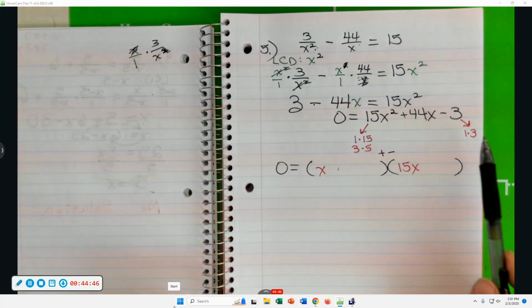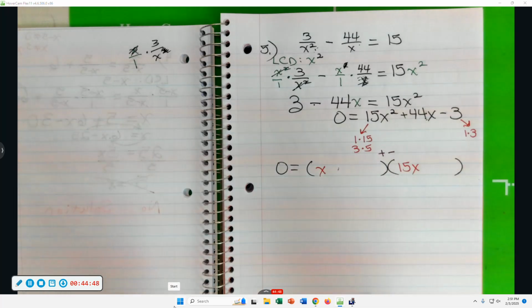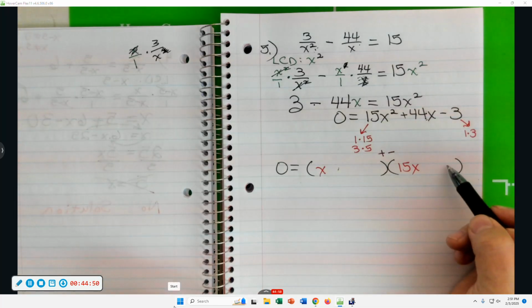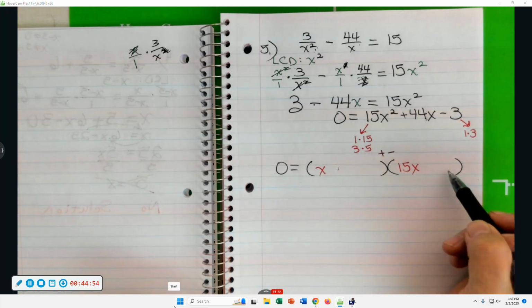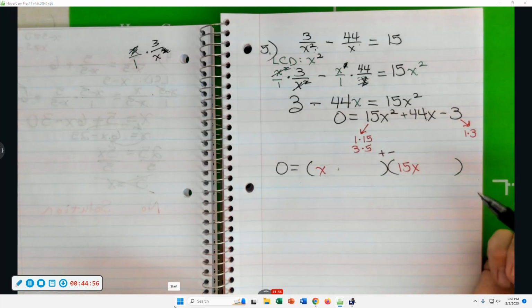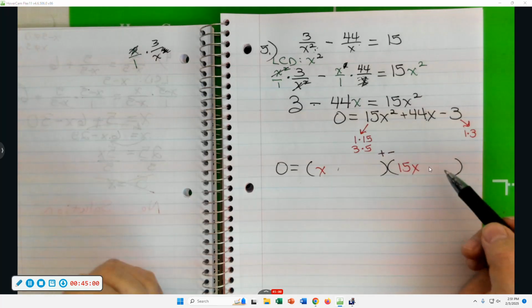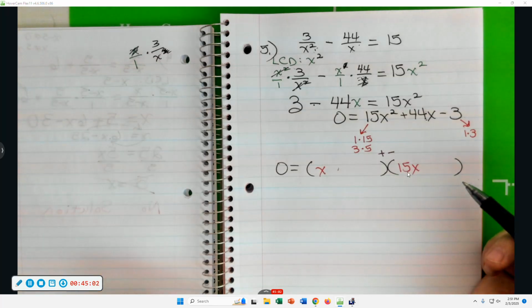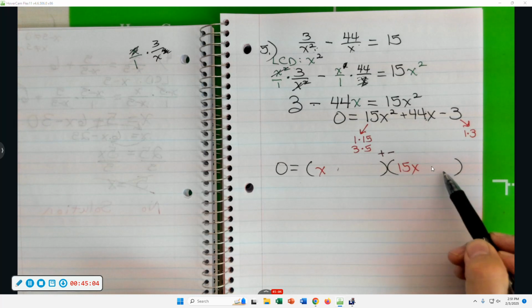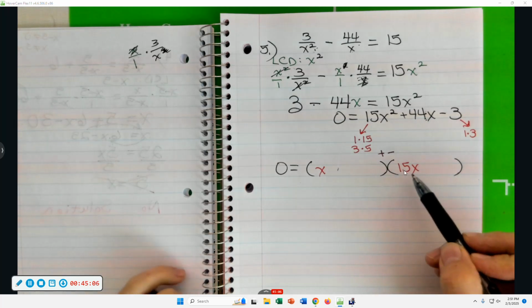Now, we're using 1 and 3. Hey, this is really nice. Can I put the 3 here? If I put 3 there with the 15, aren't they both divisible by 3? But you can't pair the 3 with the 15. Do y'all follow that logic?